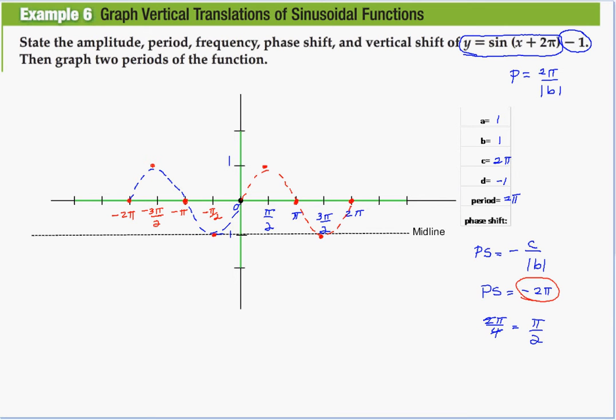It means that every point on the graph will be moved 1 unit down. What graph? The one which shifted 2 pi units to the left. So this point will come down 1, this one will come down 1, this point will come down 1, this one will come down 1 unit up to negative 2, and this will come down 1 to negative 1.